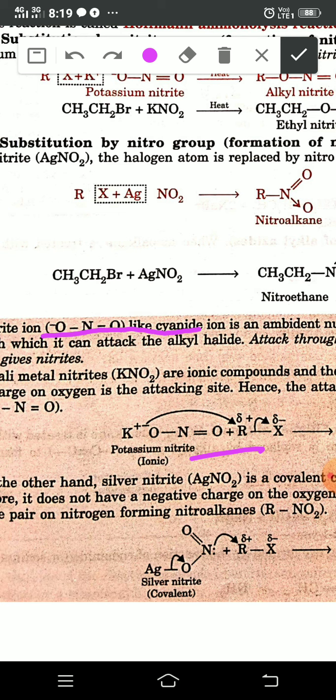Remember, one is AgCN, another is KCN, or one is AgNO2, another is KNO2. Both reagents give different types of products, though both have the same type of nucleophile. Why? Because in case of AgCN, there is a covalent bond between silver and nitrogen.